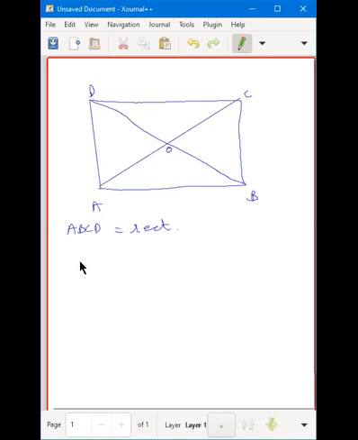We are given that OA is equal to 2x plus 6, and we are given that OD is equal to 3x plus 3. We have to find the length of the diagonals.